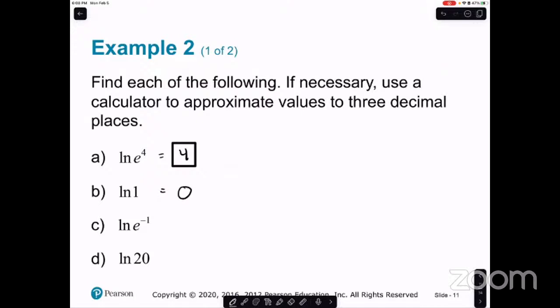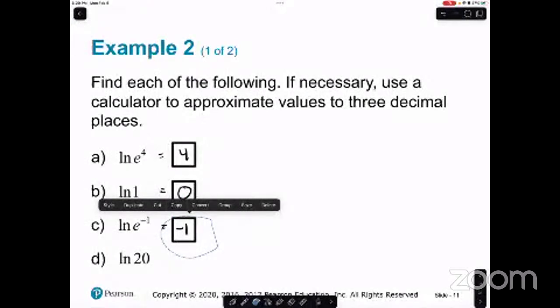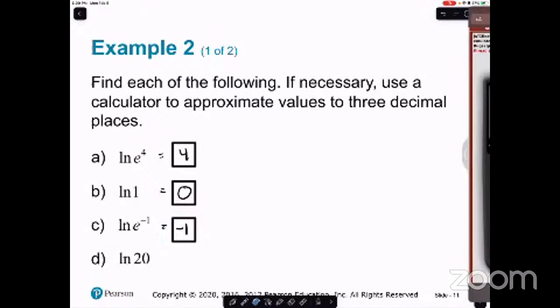Again here, natural log and e cancel each other, so it should just be -1. And then the last one, we'll just use a calculator. The natural log of 20, to 3 decimals, is 2.996.